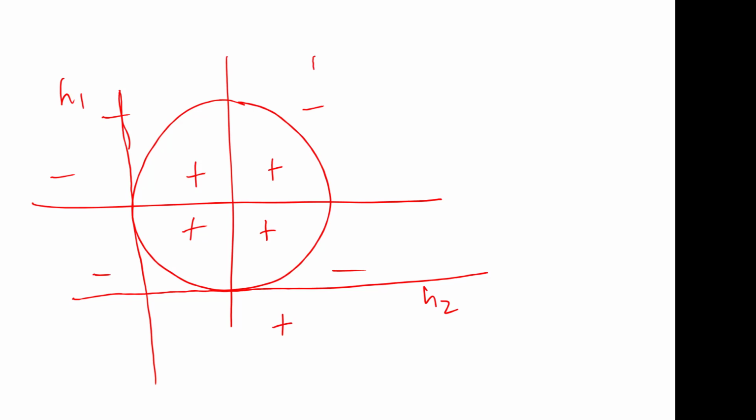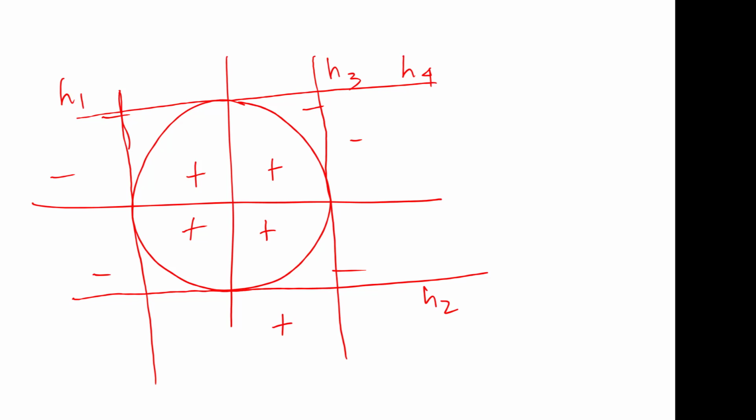And then maybe this is another perceptron, H3, and everything on this side is positive, everything on this side is negative, and another one that is tangent, H4. So I've come up with 4 hypotheses to capture my target function, which is a circle.